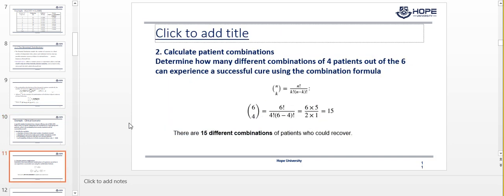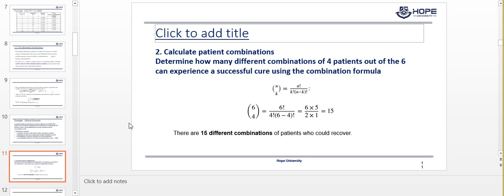The second step is to calculate the patient combinations. Determine how many different combinations of 4 patients out of 6 can experience a successful cure using the combination formula: n choose k is equal to n factorial divided by k factorial times n minus k factorial.